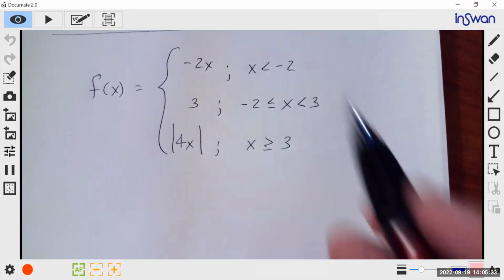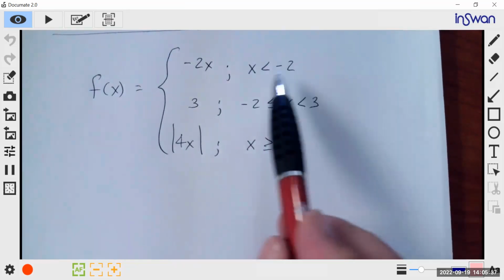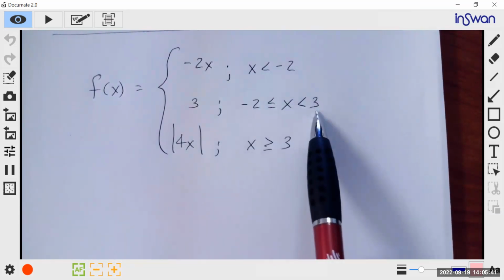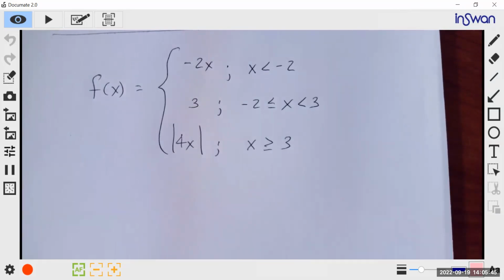You have to make sure that the domain, all the x's, are taken care of. There's no jumping anywhere. I go from negative infinity to -2, from -2 to 3, and from 3 to positive infinity. All of them have to be allocated. You can't have a blank space.